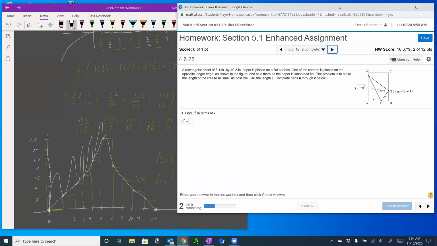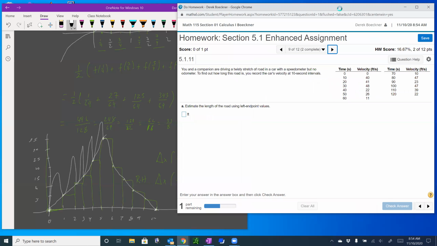This is an optimization problem, another review problem, another table problem like we just did. We've got a speedometer, but no odometer. We want to know how far we went. As long as we're taking 10-second intervals, we could figure out how many feet we've traveled by the velocity estimates.